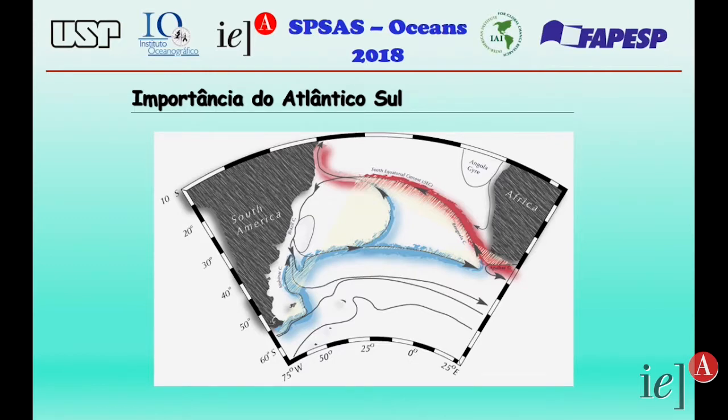And at the end of last year, a postdoc of mine published a paper in the Journal of Climate showing that there is a very high correlation between changes in the precipitation regime along the Brazilian northeast and the increasing of the Agulhas leakage.